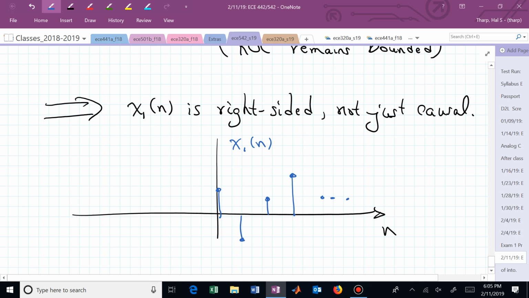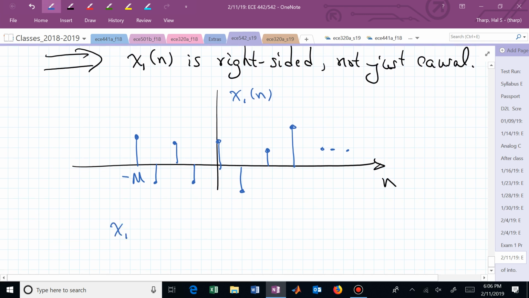But now I'm actually allowing it to begin at some finite negative location. It can have some finite indexes back to, let's say, minus m. Or I'm now saying that x1 of n is equal to 0 for n less than minus m, where minus m itself is negative.